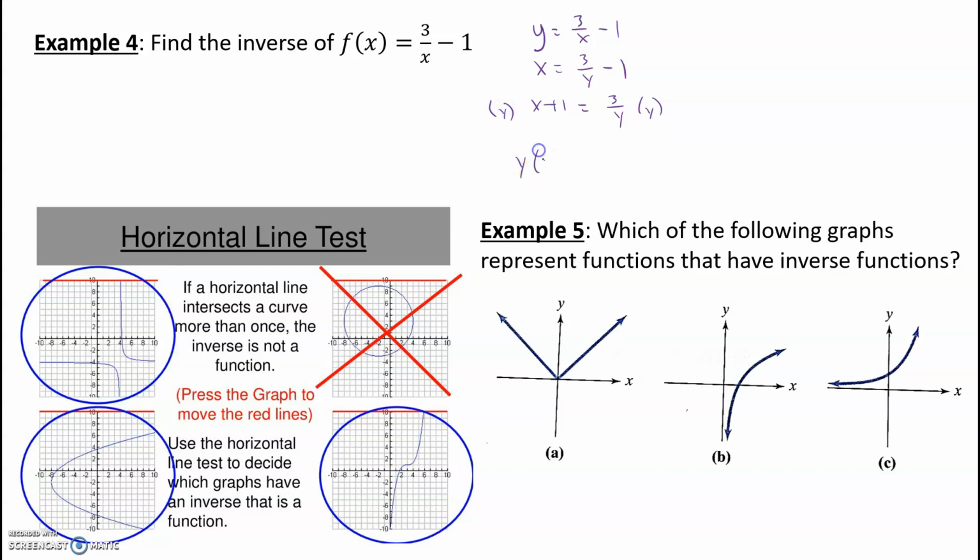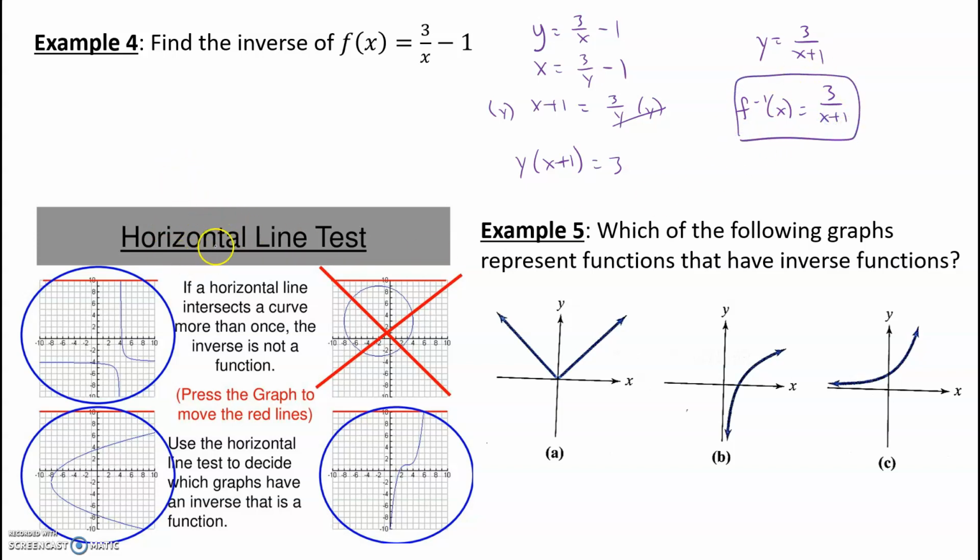So I have y times (x plus 1) equals 3. To get y alone, I divide both sides by (x plus 1). So we have y equals 3 over (x plus 1). Change it back to the inverse, and you're done. 3 over (x plus 1).